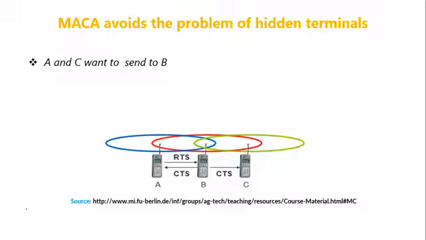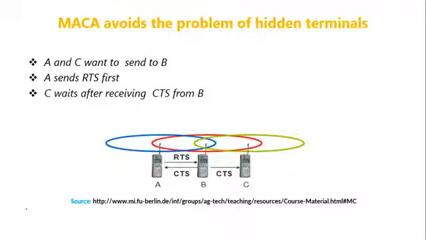Now let us see how this hidden terminal problem can be overcome by using this technique. Before A communicates to B, A will first send an RTS to B. RTS is request to send.